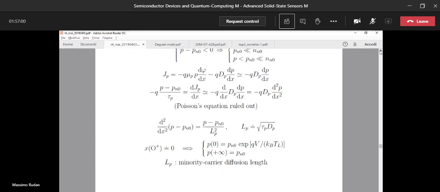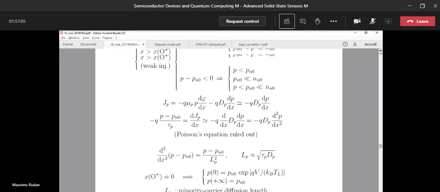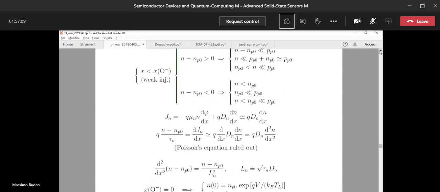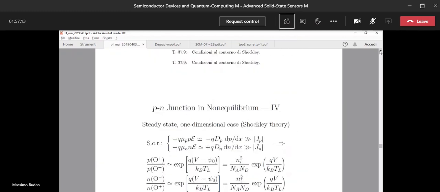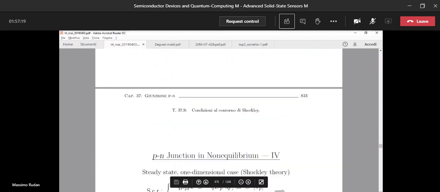But we have another minus in the continuity equation here. So this minus will compensate for the other minus.